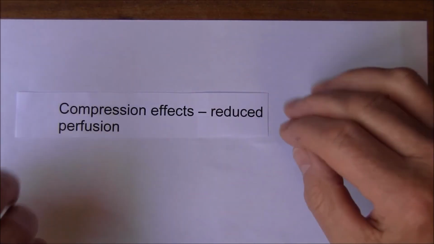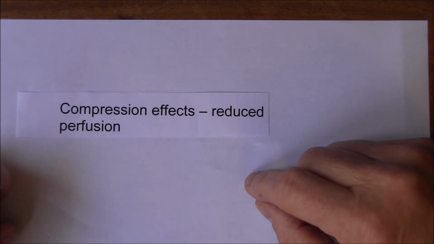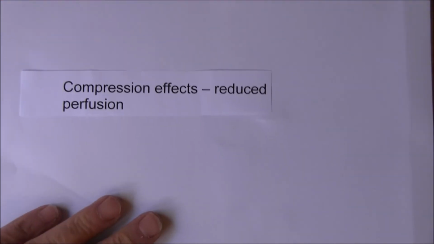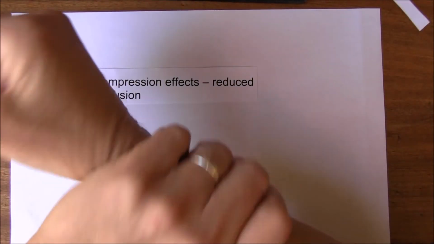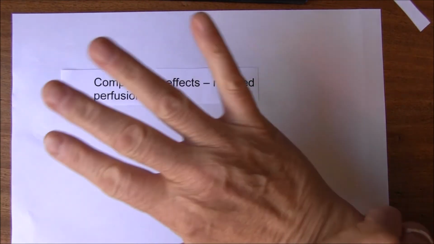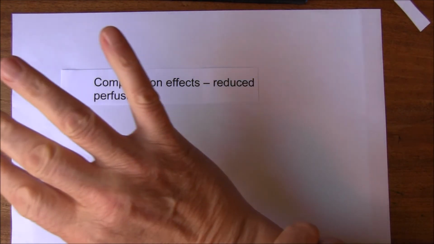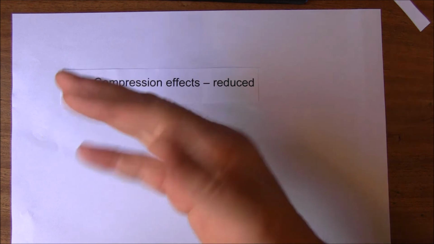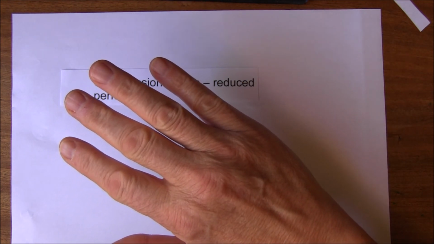So compression effects can reduce perfusion locally. And this is particularly a problem with circumferential burns. So if I'm burned all the way around there, then that's going to reduce the circulation to my hand. Circumferential burns. So we need to monitor distal perfusion.